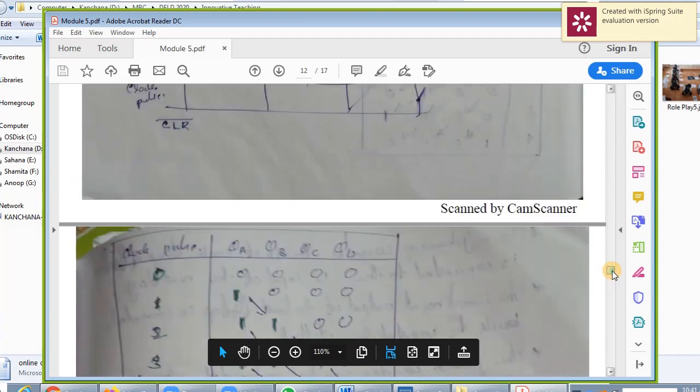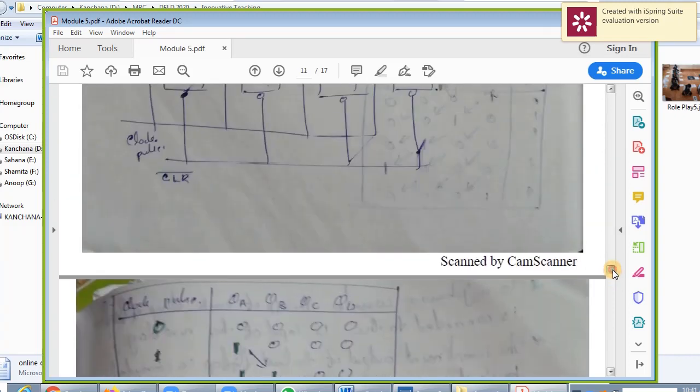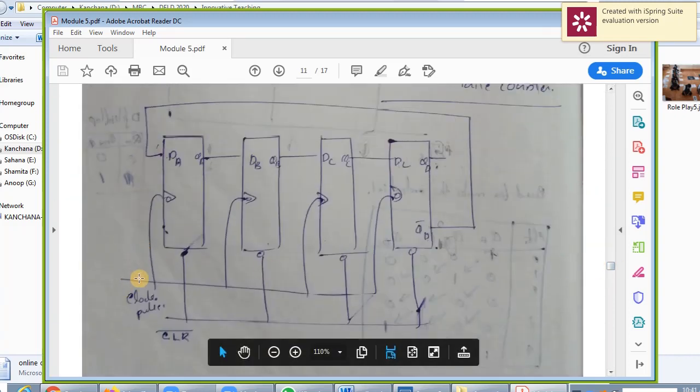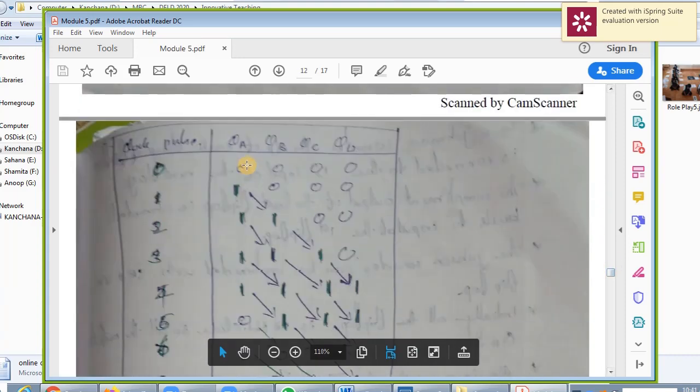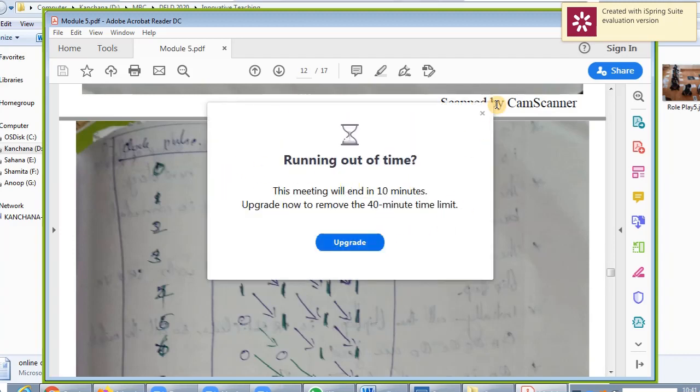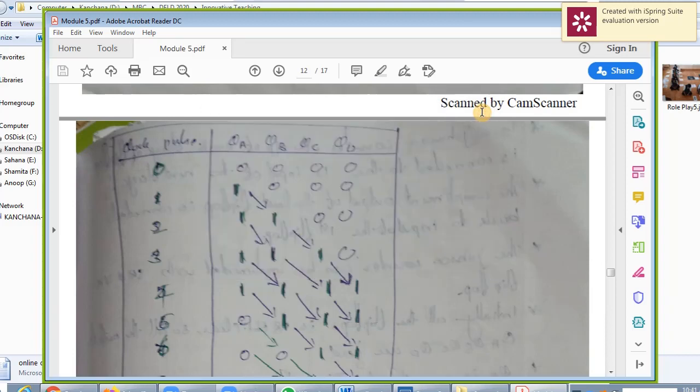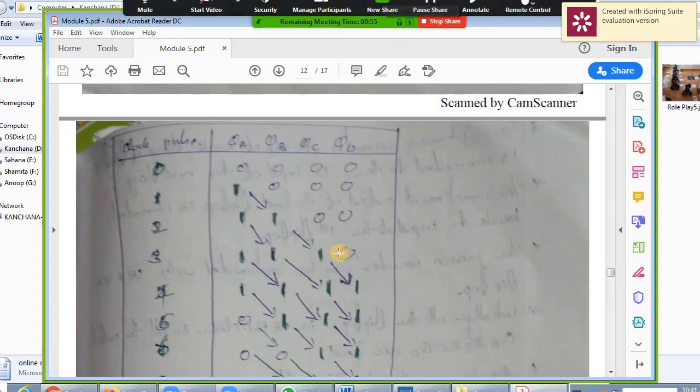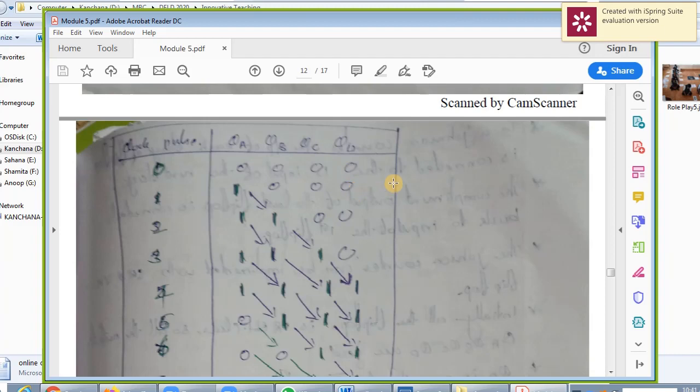So all the flip flops are 0 initially. On the first clock pulse, QA will transfer to QB, QB will transfer here, QC will transfer here. But QD is not transferring here. Instead, QD bar is transferring. QD is 0, so QD bar becomes 1, so 1 will be transferred here.